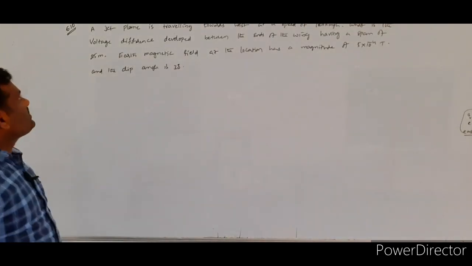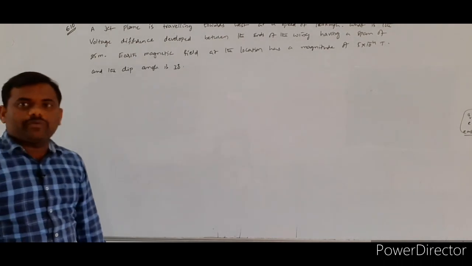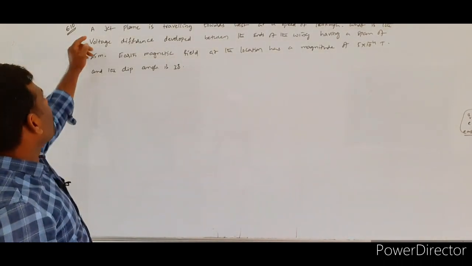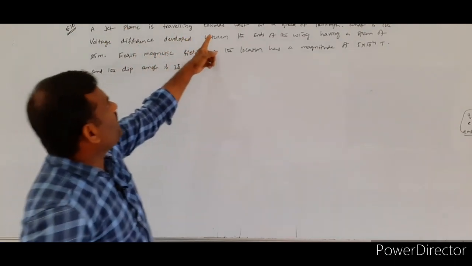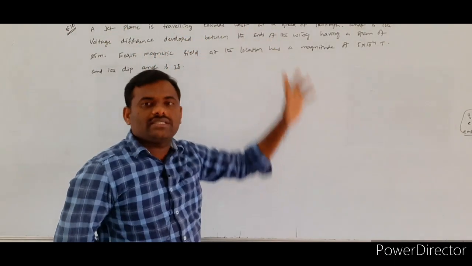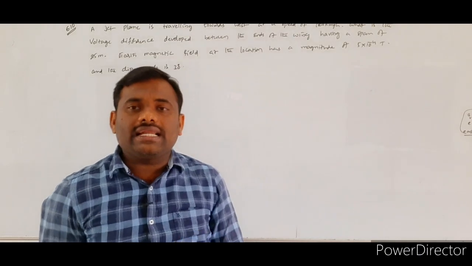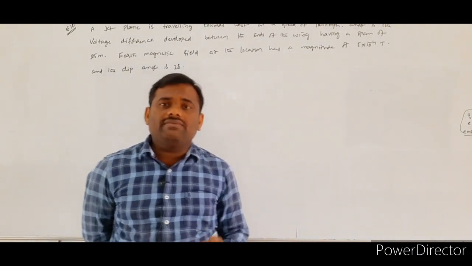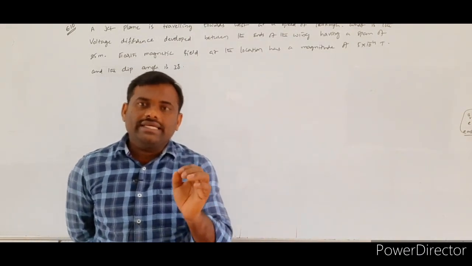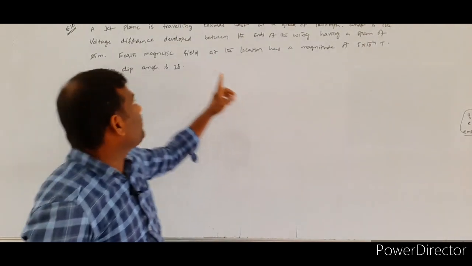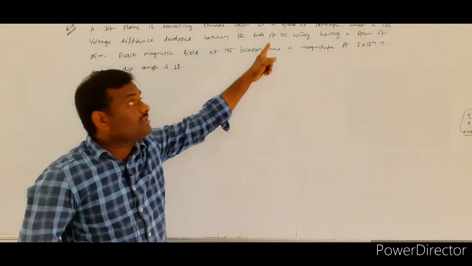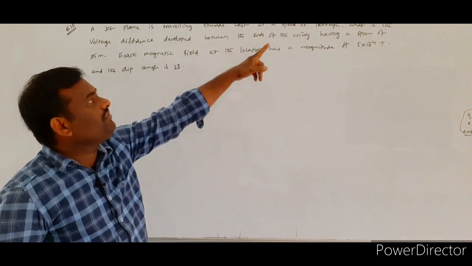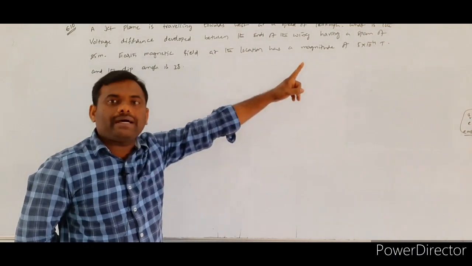Coming to numerical number 6.10. In this problem they mentioned that a plane is traveling towards west, from east to west. The plane is traveling towards west at a speed of 1800 km per hour.